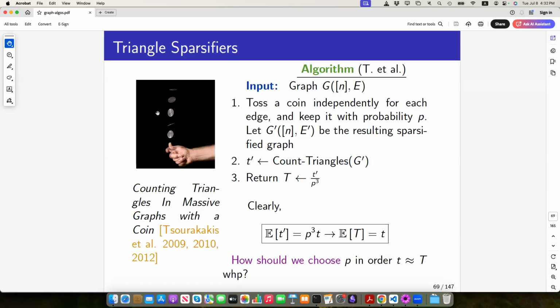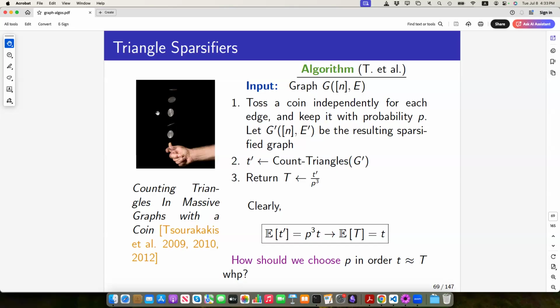So the claim is, if you choose P carefully, you can get very significant speedups while the estimate T is very close to the true triangle count. Why do we divide by P cubed? If you think about a triangle in the original graph and the sampling procedure, the probability that this triangle survives the sampling process is that each one of those three edges survives, which happens with probability P times P times P, so P cubed.